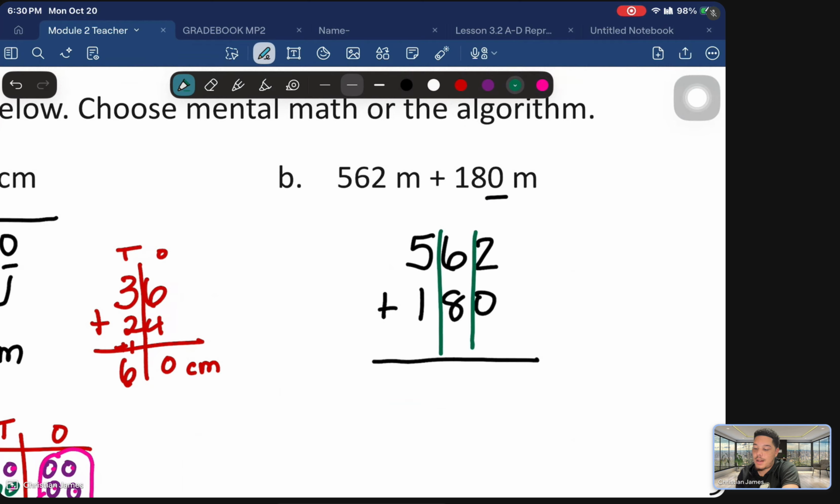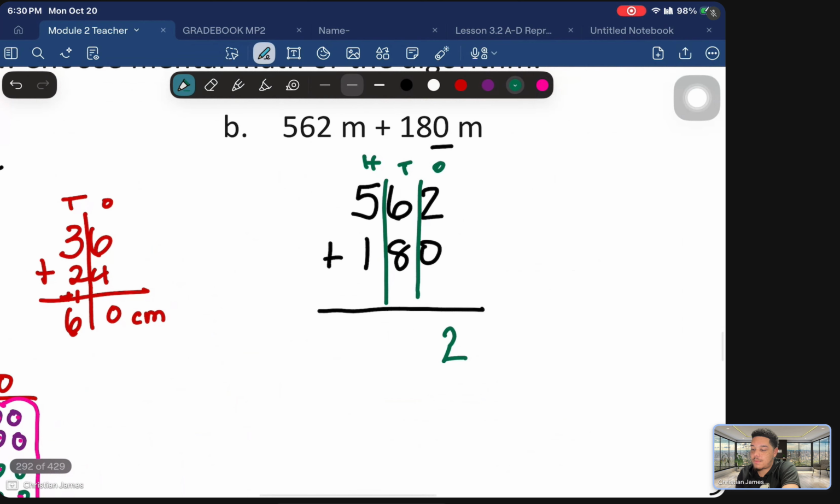Now remember, we start with our ones place and then work our way over to the left. So I'm going to start in the ones place, and I know that 2 plus 0 is 2. Now I have to do 6 plus 8.